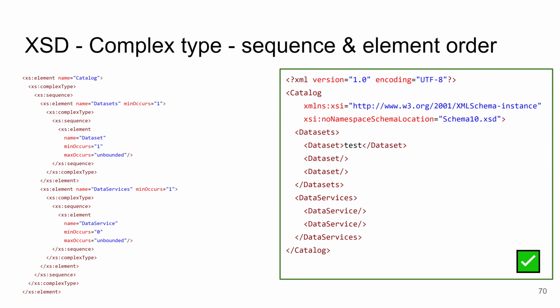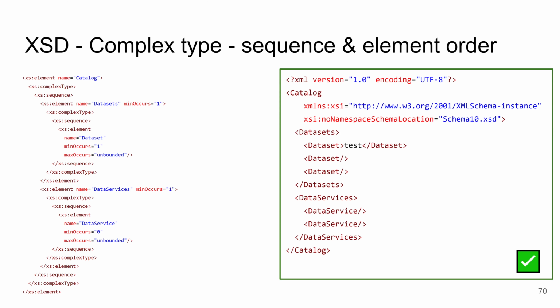So the schema is on the left. Now the sequence is split into two sequences and into two elements. So now the catalog contains datasets and data services. Those elements are mandatory, and within those elements you have a sequence of dataset in datasets and data service in data services. And now the data service has minOccurs of 0, so there do not have to be any data services within the data services element.